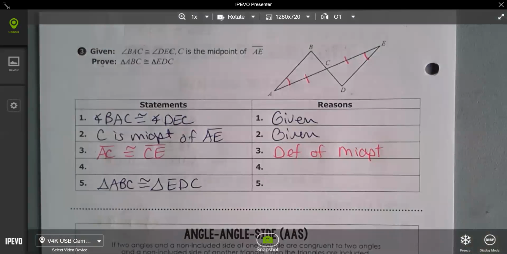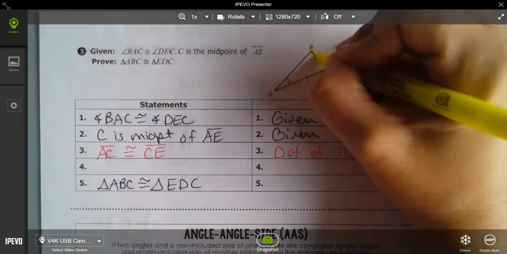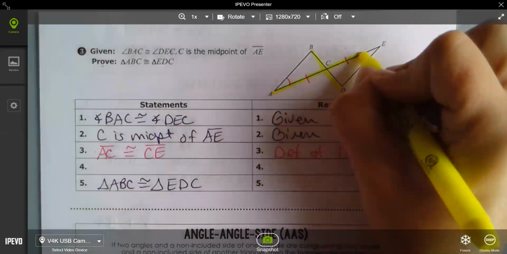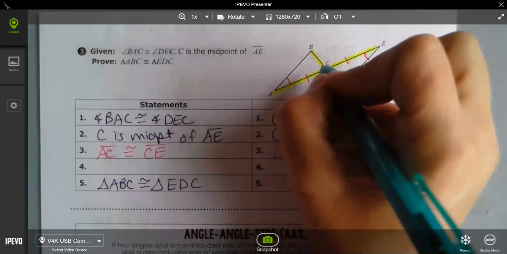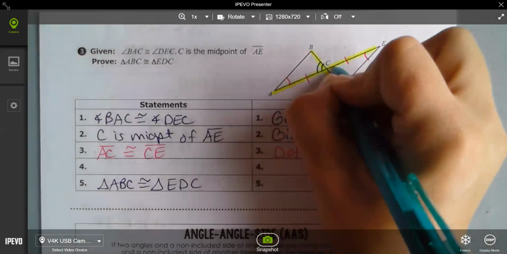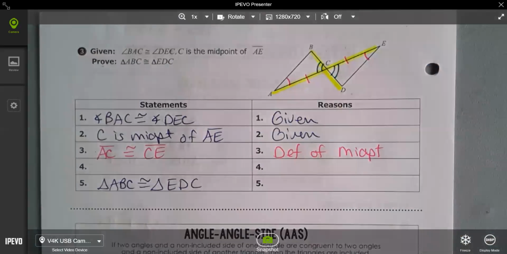All right, maybe you got stuck right here. You have to see it. Do you see this X being formed? What do we know about angles in an X that are opposite of each other? Those angles are congruent.